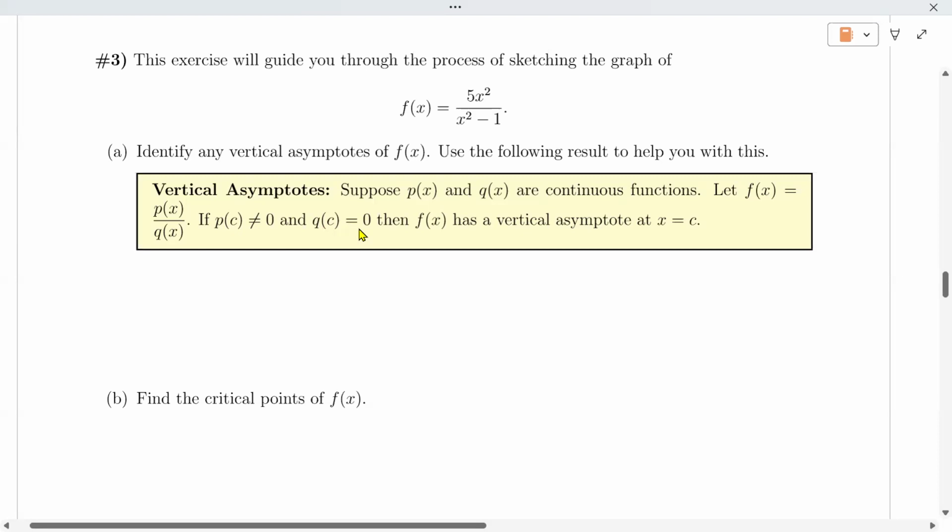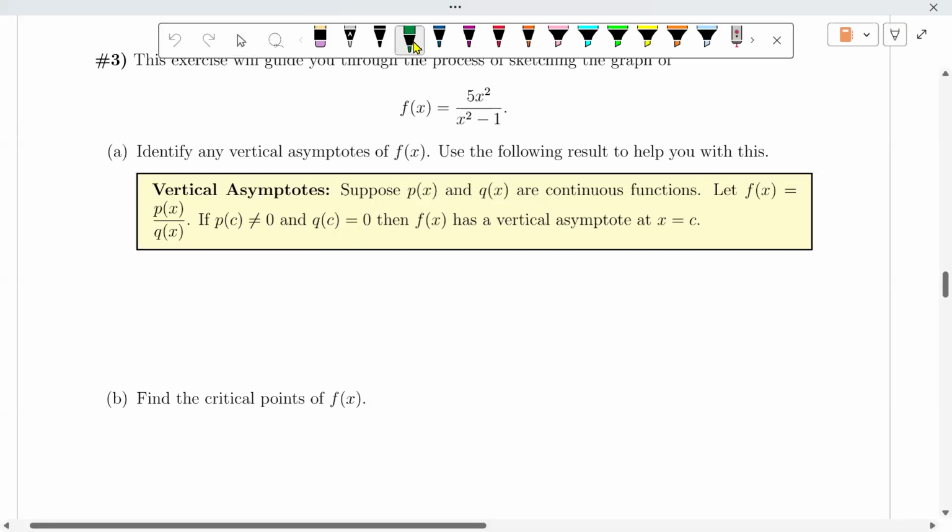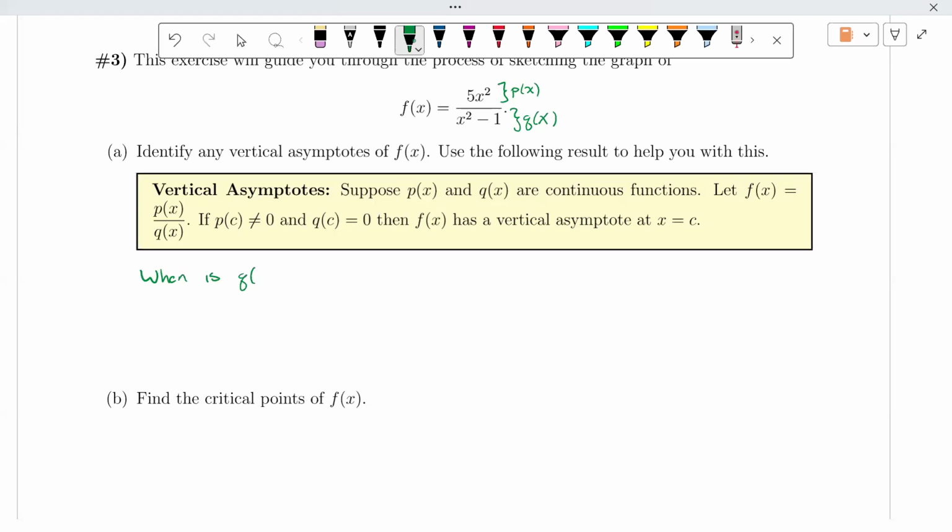And so for our example, we have a numerator p of x, and we have a denominator q of x. And we want to figure out when q of x is equal to 0. When is q of x equal to 0?